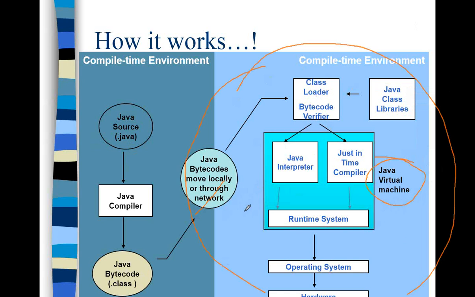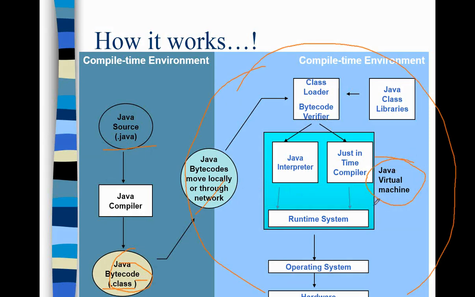So if you have a JRE installed on your computer, you can run a class file. Say I have a Windows machine and I have written my program and created the class file. Now I don't need to compile this. I can simply take this class file and run it on any machine which has a JRE installed on it.